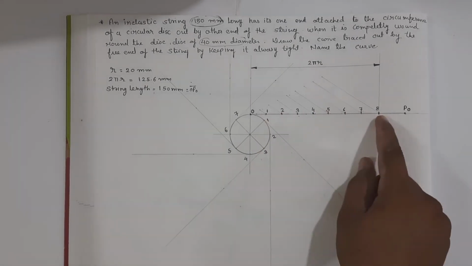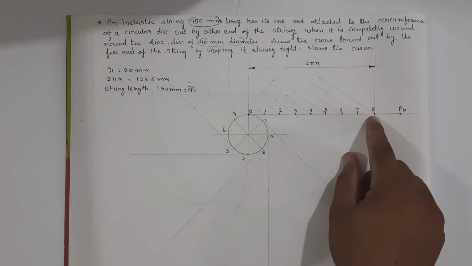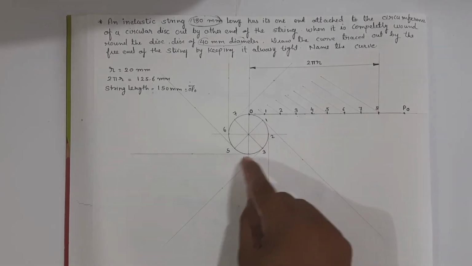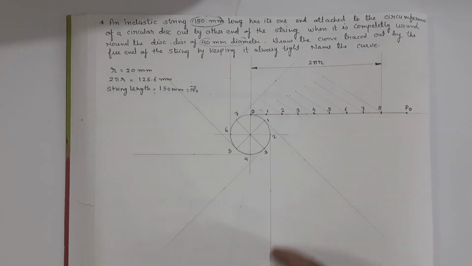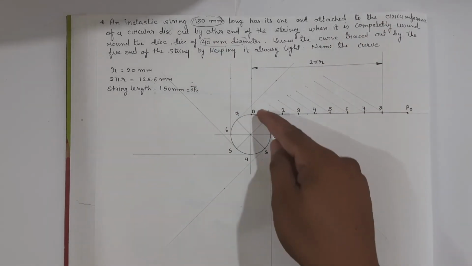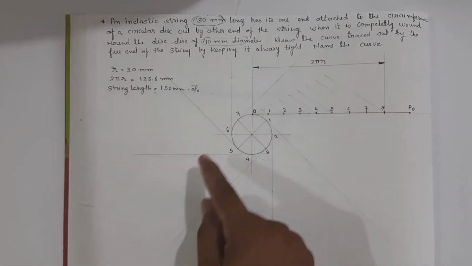After marking the 2 pi r distance and dividing it into 8 equal parts, now draw the tangent at each point of the circle. Right now we have already drawn the tangents at each point 1, 2, 3, 4, 5, 6, 7.